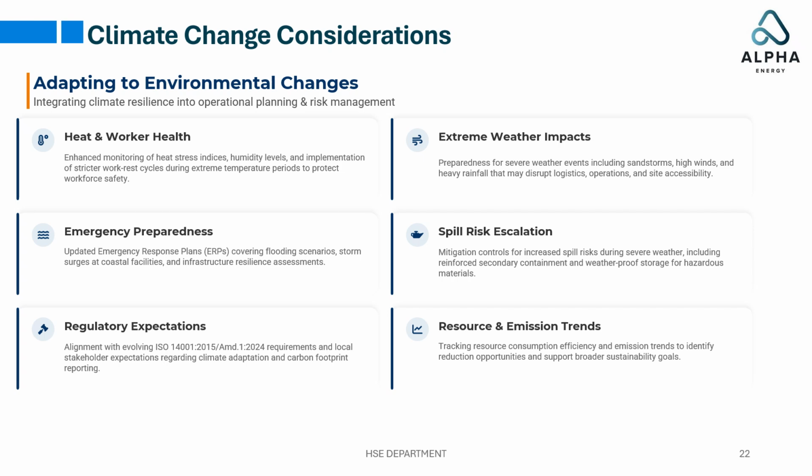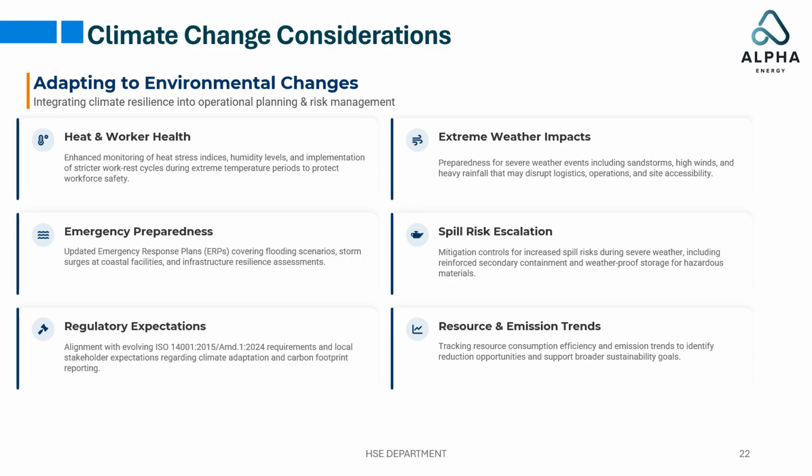In addition, spill risk escalation is considered during severe weather conditions by reinforcing secondary containment systems and ensuring weatherproof storage for hazardous materials. Compliance with regulatory expectations is maintained by aligning with evolving ISO 14001 requirements and local stakeholder expectations related to climate adaptation and carbon footprint reporting.